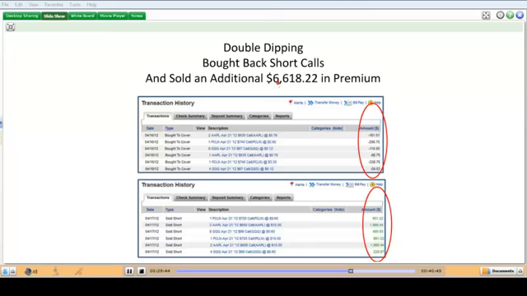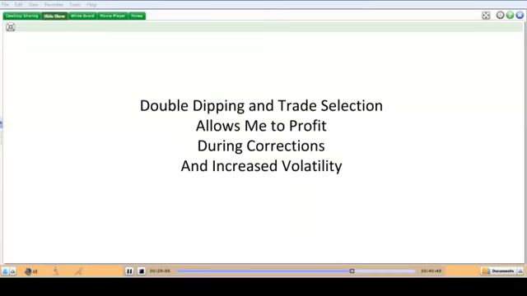So I call this double dipping, because you collect two premiums in 1 week. So this allows you to profit during market corrections and increased volatility.